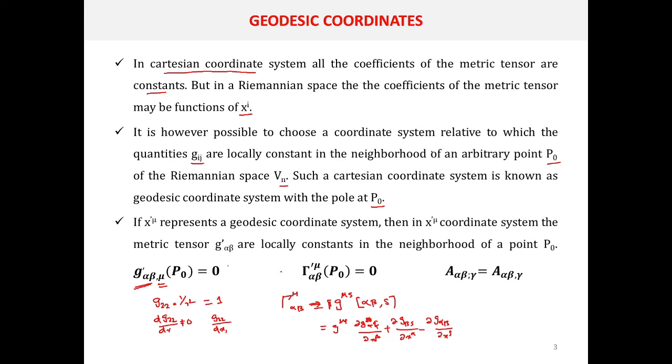It means when you find the Christoffel symbol of the second kind in a geodesic coordinate system, what you will get is 0.